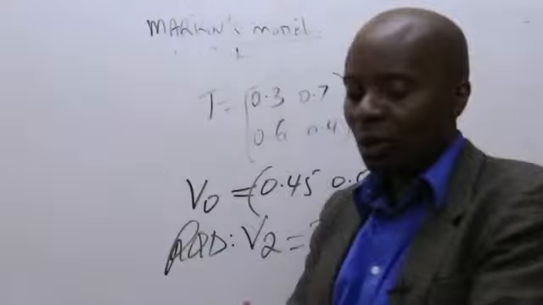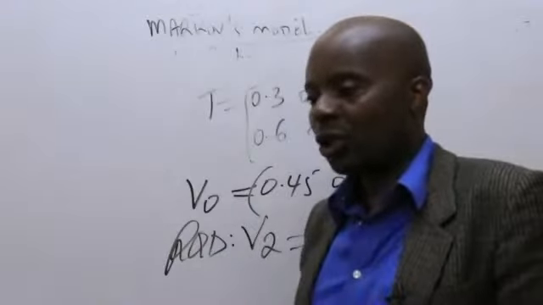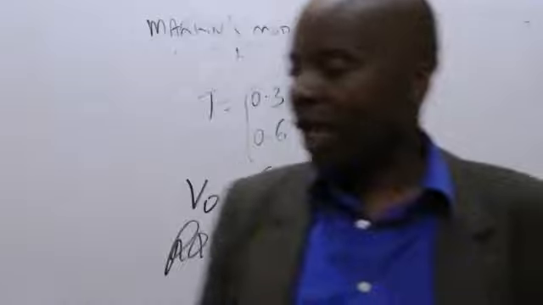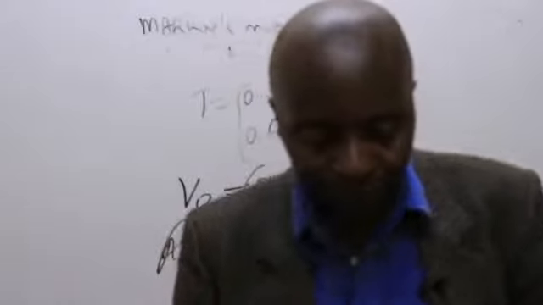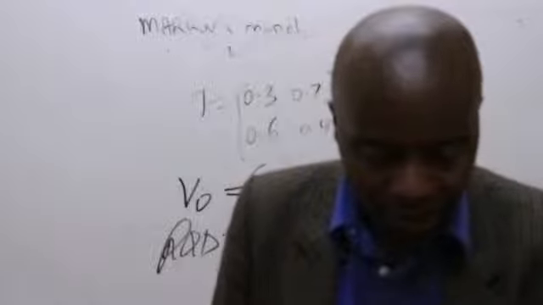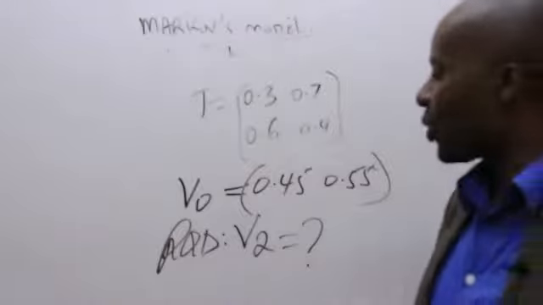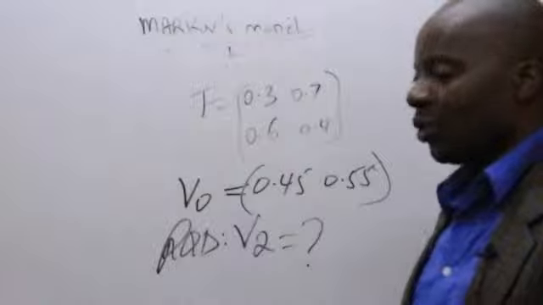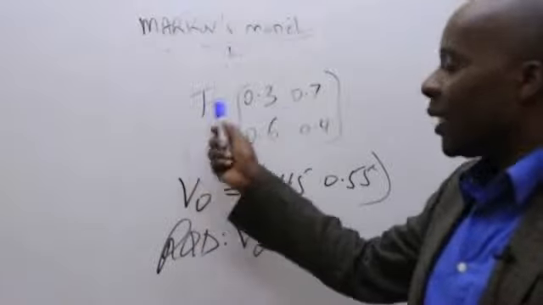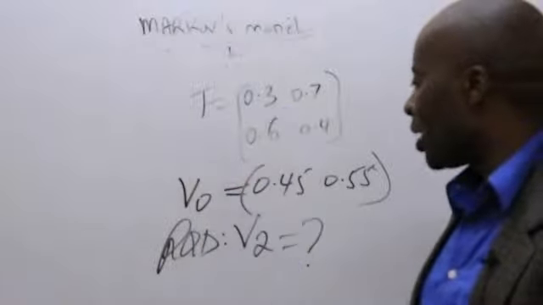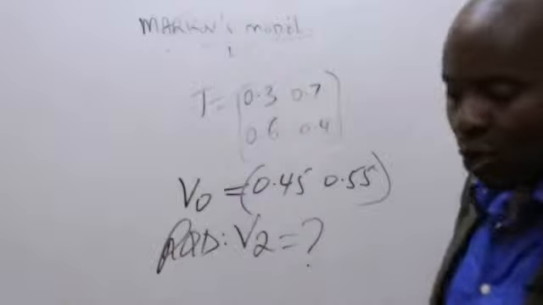So I would want somebody to come and give me vector 2, and I would want to pause a little bit. Here, they want us to make predictions. They have given us vector 0 and the transition, T, and then they want us to do the prediction.